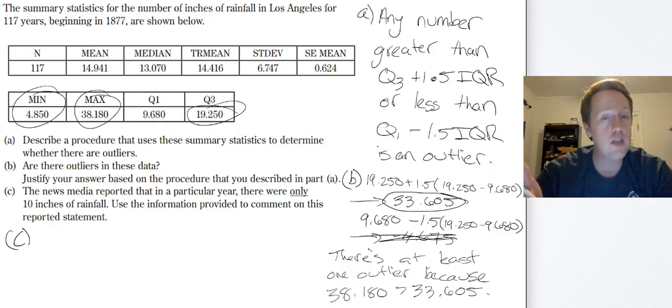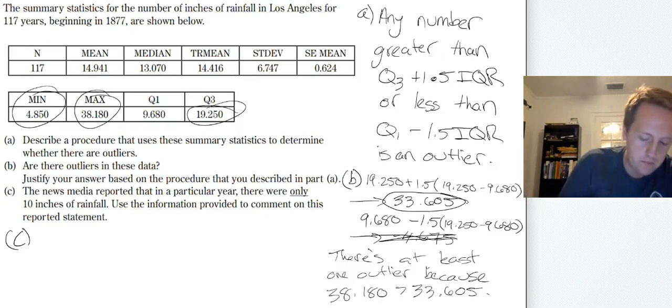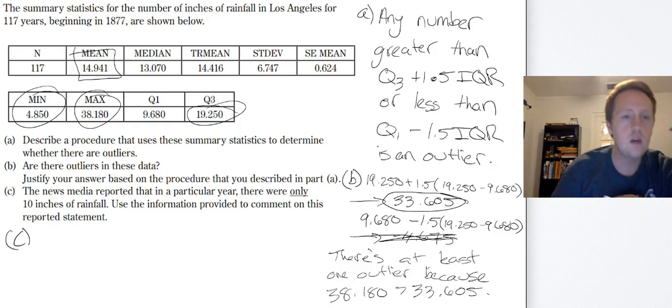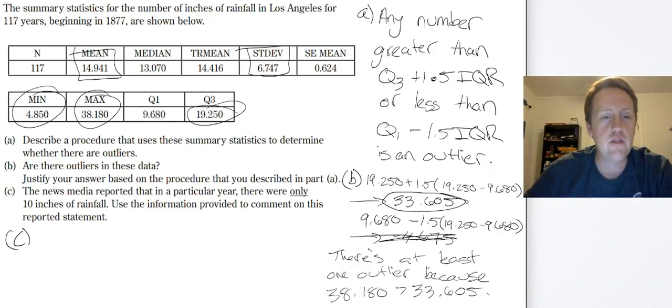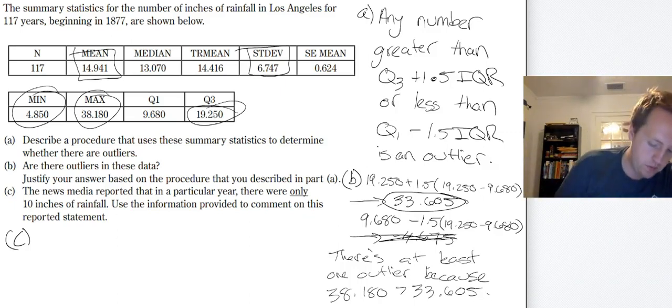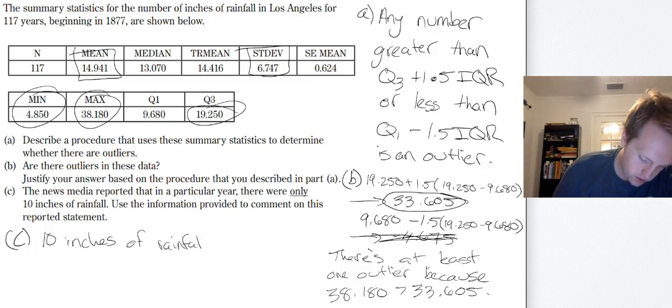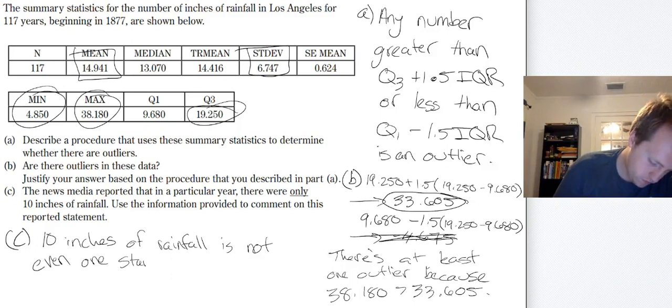I think what's even more telling about this is look at the mean, 14.941. Now look at the standard deviation, 6.747. What that means is that 10 inches of rainfall is not even one standard deviation below the mean.